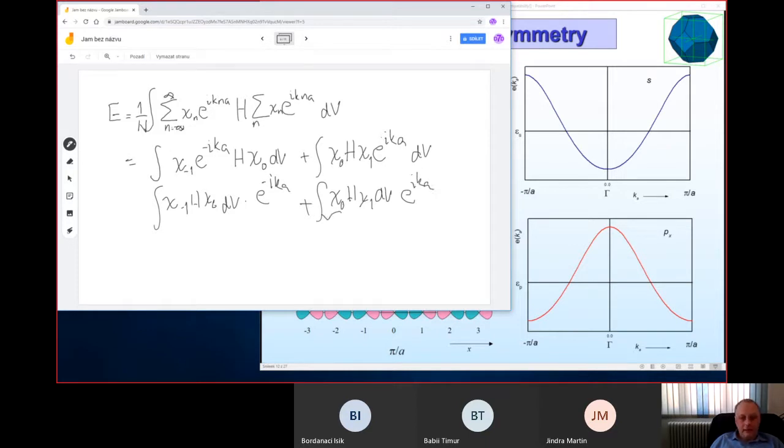And this integral is equal to the so-called transfer integral.